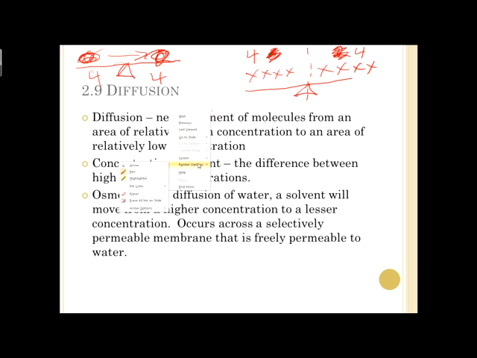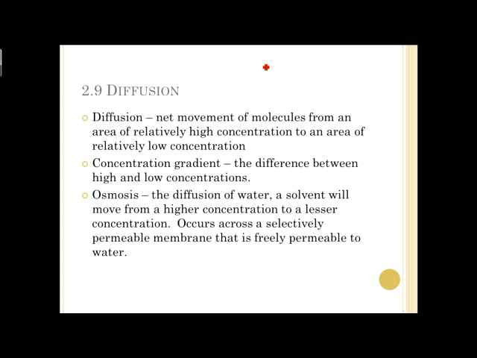Now, I'll show you this before we go into the next slide. Alright, a bigger one of these. Now, there are our solutes, or our solid substances. There are 6 over here and 4 over here. To make this balanced, how many have to move to this side?